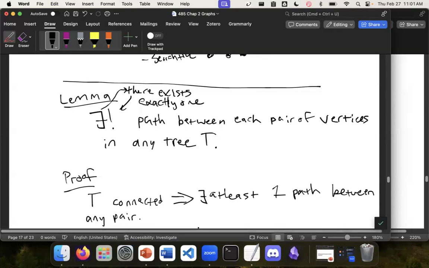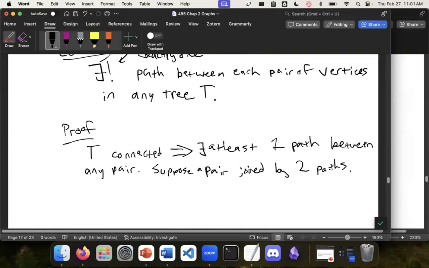So let's do contradiction. Let's suppose that there's a pair somewhere in this graph that's joined by 2 paths. That implies that there's a cycle.